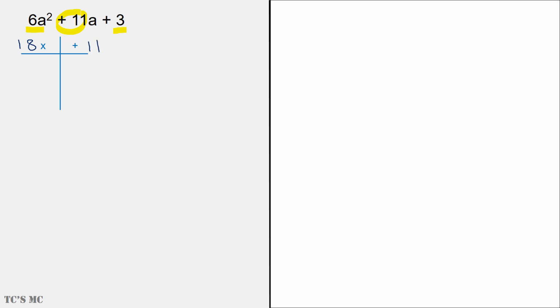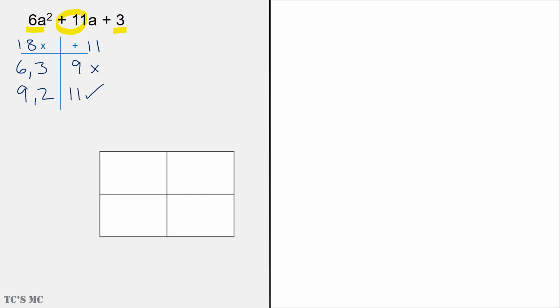So let's come up with a pair of numbers. 6 and 3. That gives me a product of 18, but a total of 9, which does not work. If I now try 9 and 2, that's a product of 18 and a total of 11, which does work. Now I'm going to use the grids to factorize.